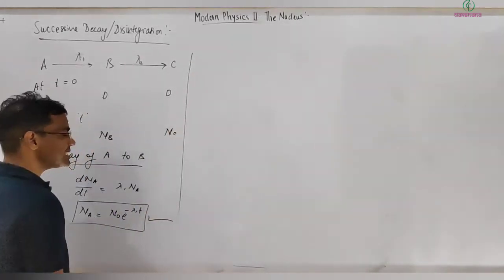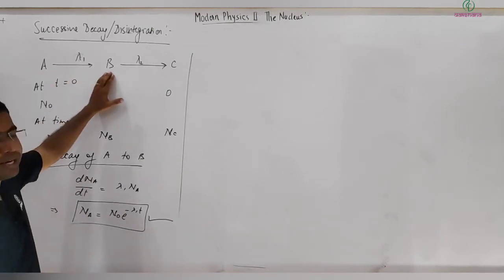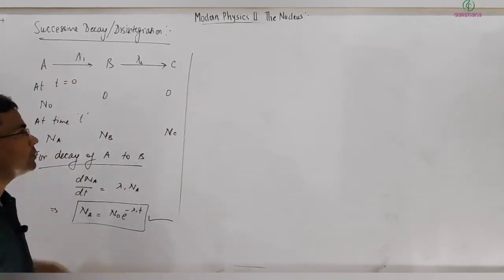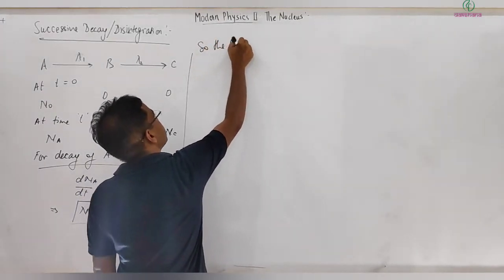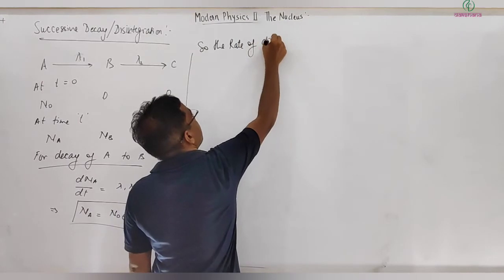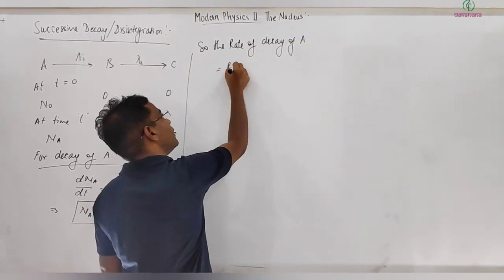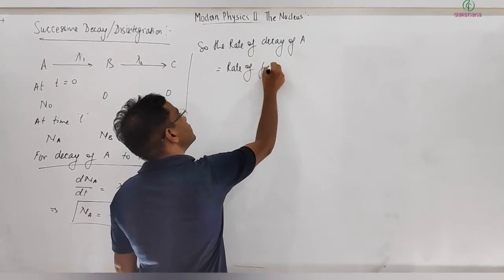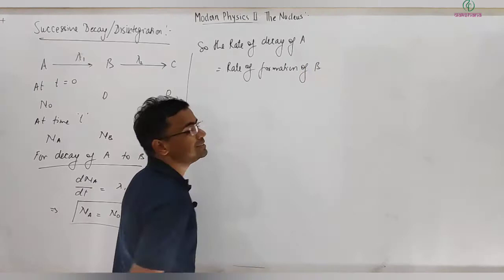Here another thing is that the rate at which A is decaying will be equal to the rate at which B is forming. So the rate of decay of A is equal to the rate of formation of B. Clear?